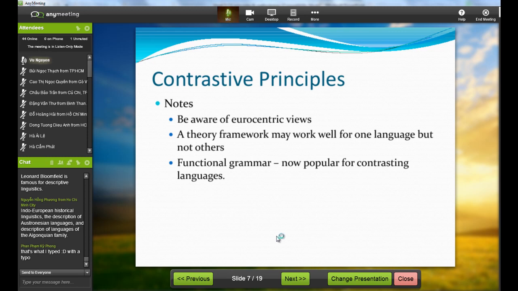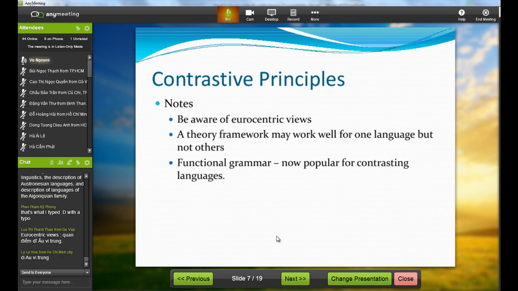Okay, what do you call this in Vietnamese? Okay, great. So Thảo is very quick. Yeah, dĩ Âu vi chung means taking the European grammar and linguistic system as the center of our analysis.